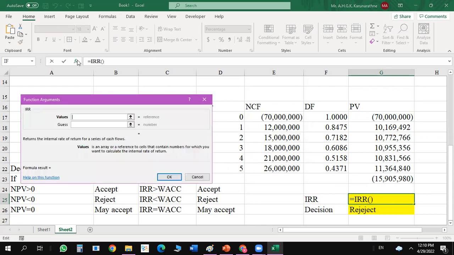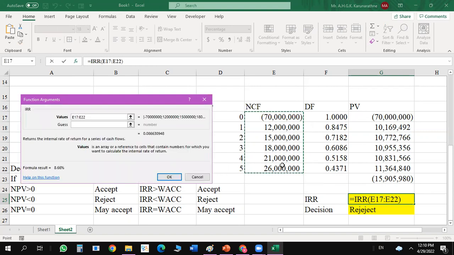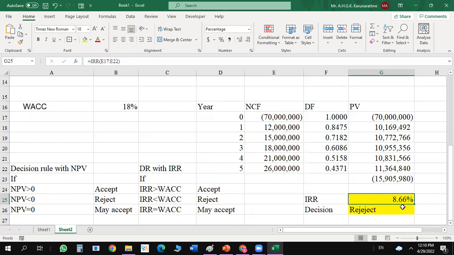You are only required to select the values, the investment and the project's original cash flows. Then it shows 8.666. How can we ensure our IRR is 8.666, and that it is computed correctly?